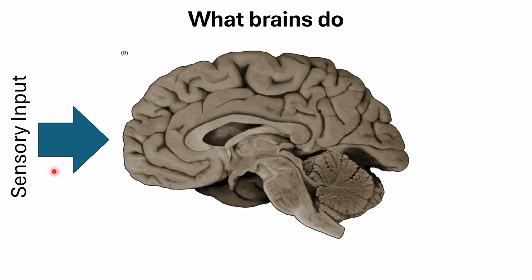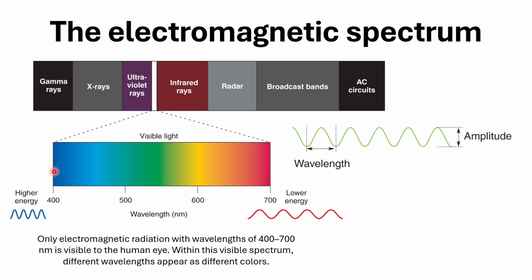For the next several lectures, we're going to be talking about sensory input, and what better way to start than talking about eyes? So first, we got to talk about what eyes are used for. It's for sensing light, and I'm not going to dig too deep into the physics of light because presumably you've taken a physics class or you will, and you'll get more information about precisely how the physics of light works there.